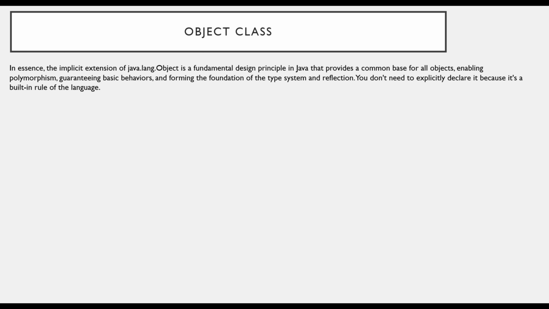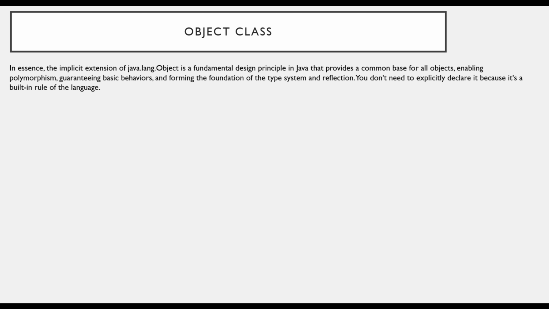As a fundamental design principle, the Object class is a common base class for all the objects you are going to create. So it is the foundation. That is the reason you are not explicitly declaring any extends for your custom class.